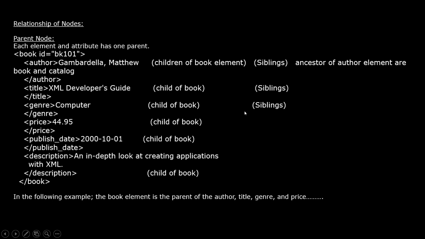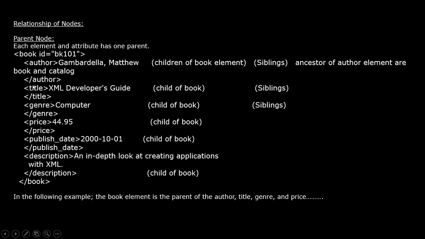If you go to the next slide, we are going to discuss the relationships of nodes. This is our actual XML file, which can have different kinds of nodes. Here the book is the parent node of all these child nodes: the author, Gambardella Matthew, the title XML Developer's Guide, and the genre Computer. The book is the parent node, and author, title, genre and price are all child nodes of the book.